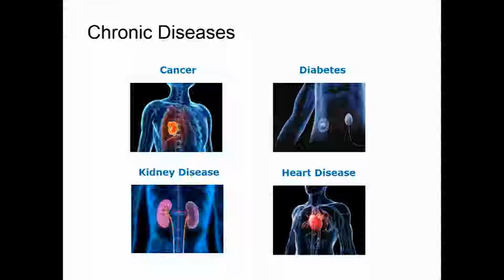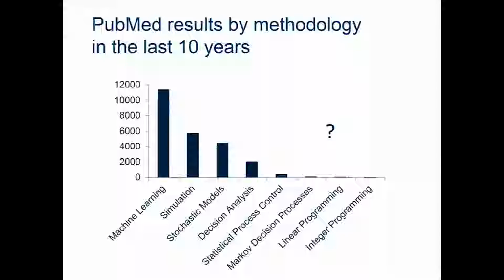So that's why I focus on it, because these are important, and this is something where operations research could really play a role. In that context, I wanted to tell you a snapshot of some of the work that's been done. PubMed is the repository of the National Library of Medicine, and I did a keyword search.